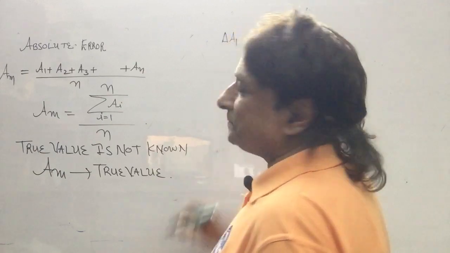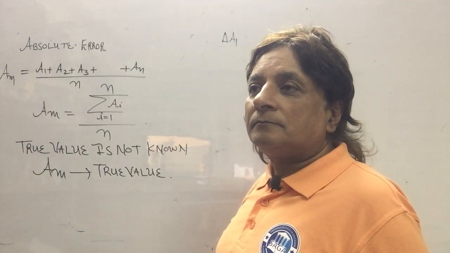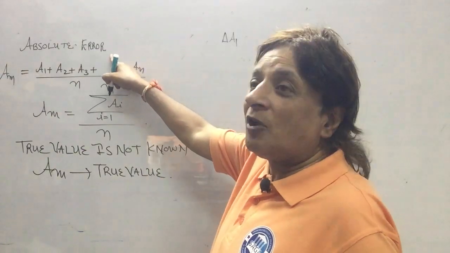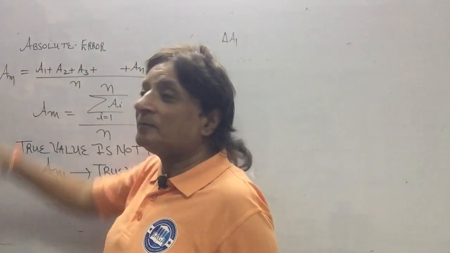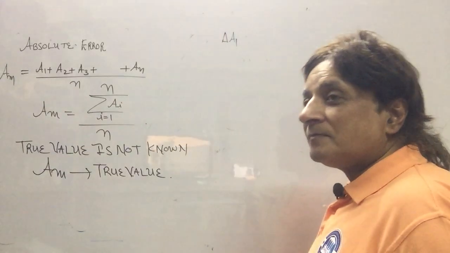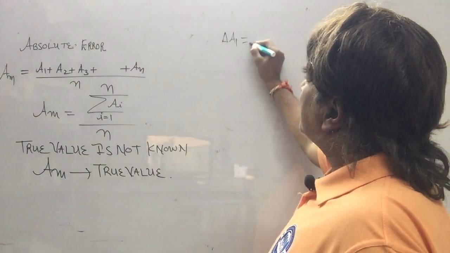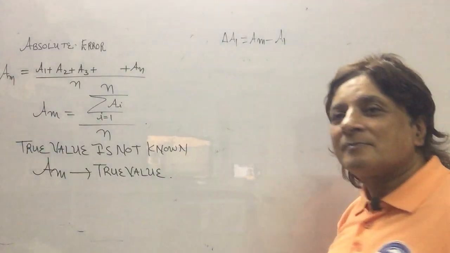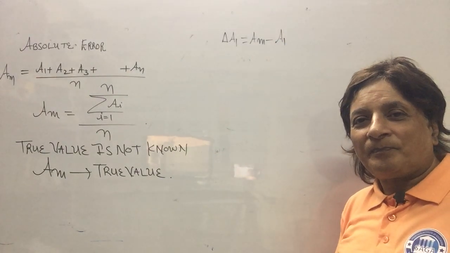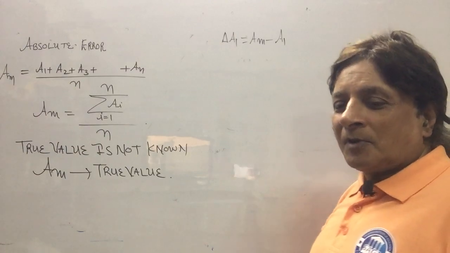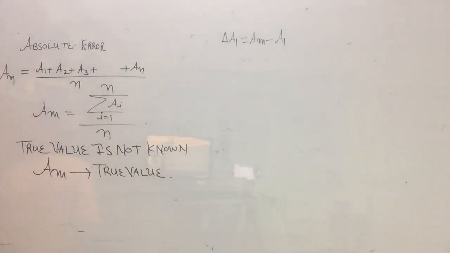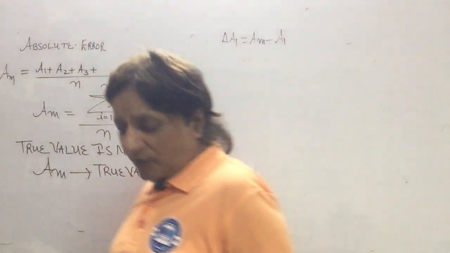Delta A1. What is delta A1? Delta A1 is called absolute error. That is equal to AM minus A1. Delta A1 is equal to AM minus A1.